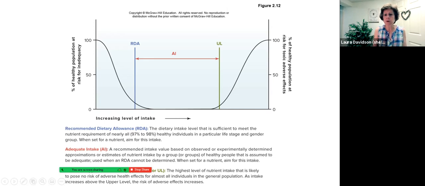The only way to know whether you get too much is to compare your intake to the UL. All right, so we'll get to that later, but remember, there is a margin of safety between the RDA and the UL, and consuming above the RDA but below the UL is perfectly safe.